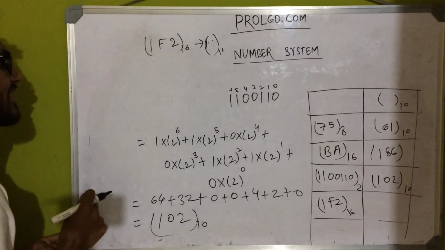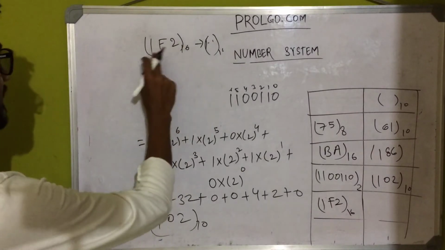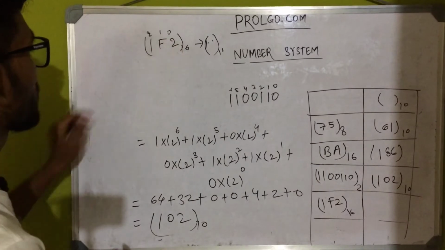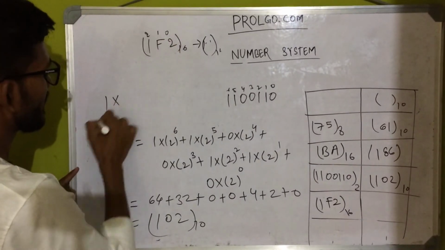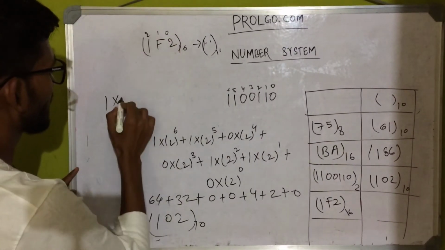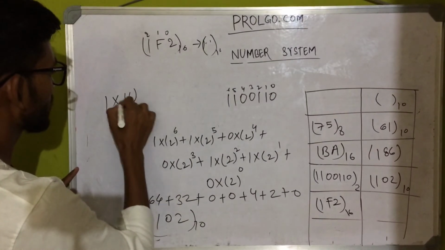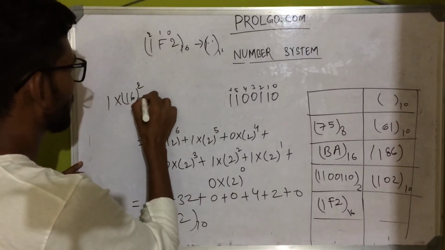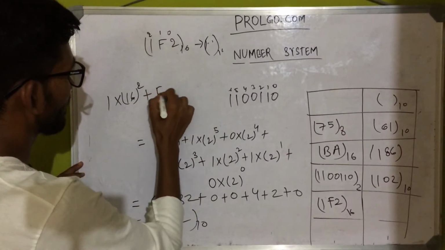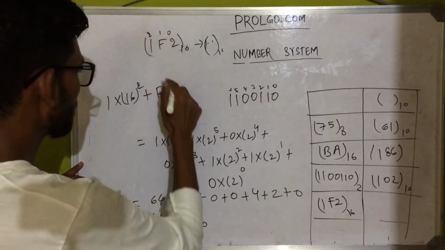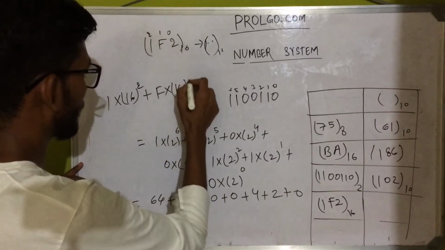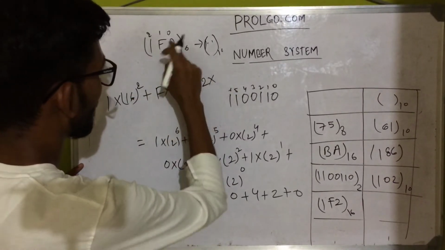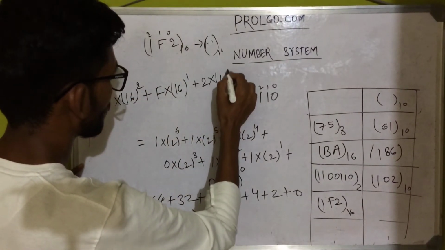It's difficult for me to calculate right now, so I'll just work it out. Positions 0, 1, 2. So 1 multiplied by base 16 to the power 2, plus F multiplied by base 16 to the power 1, plus 2 multiplied by base to the power 0. That's the main reason I got confused.